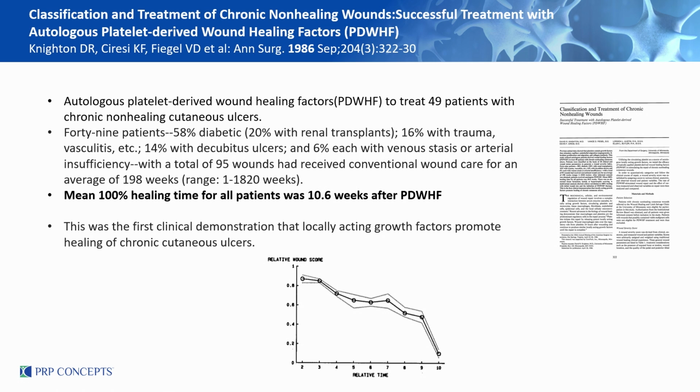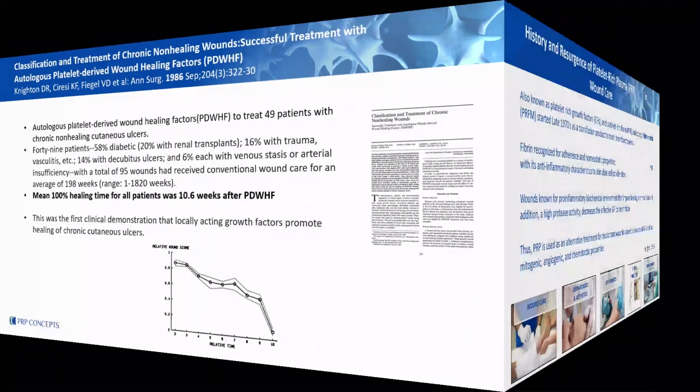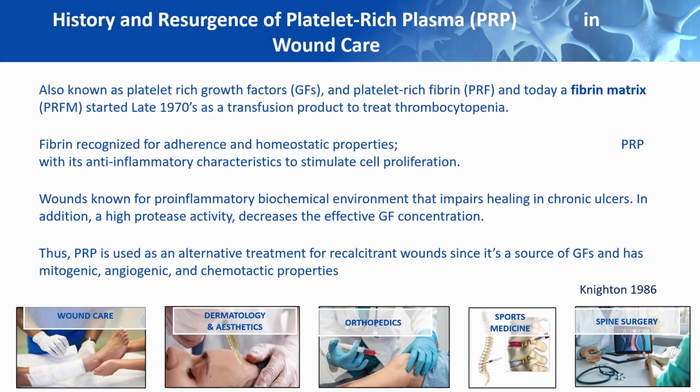And so it was a mean 100% healing time for all patients, 10.6 weeks. So that really started the current era of advanced wound care products. And again, it was PRP, the original wound healing agent, and that's what I'm here to talk about today.